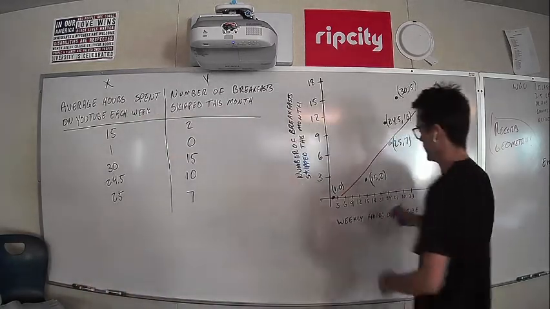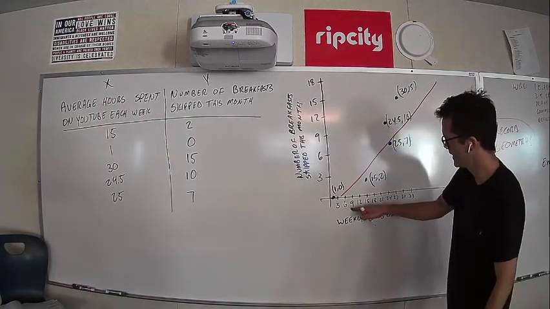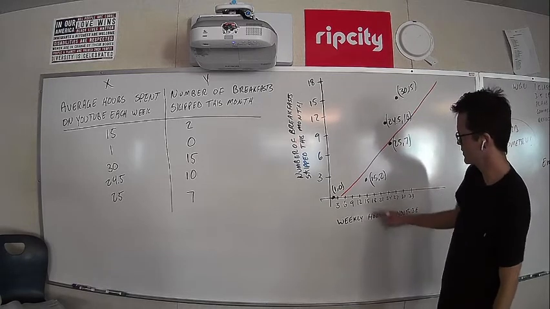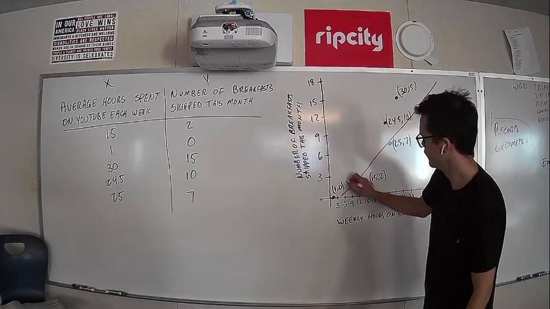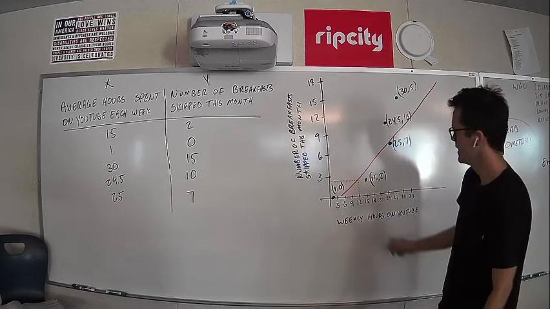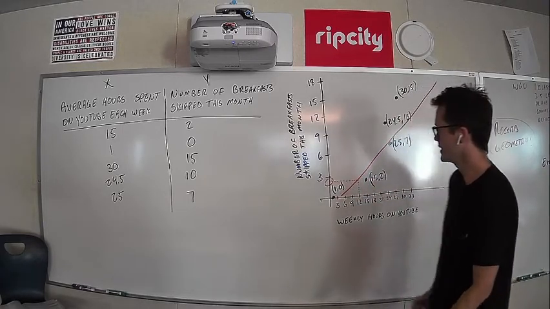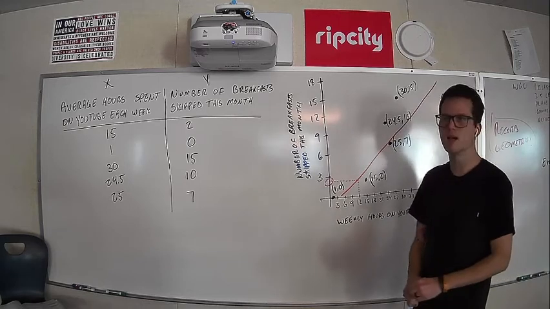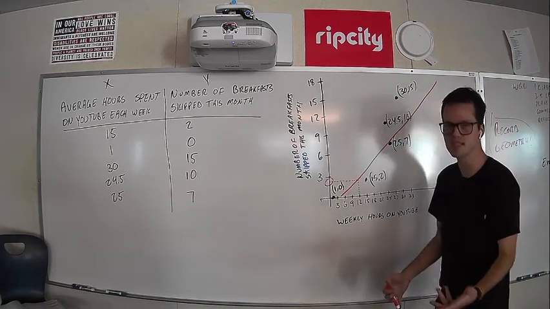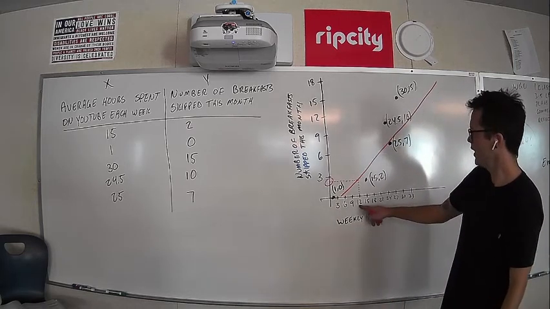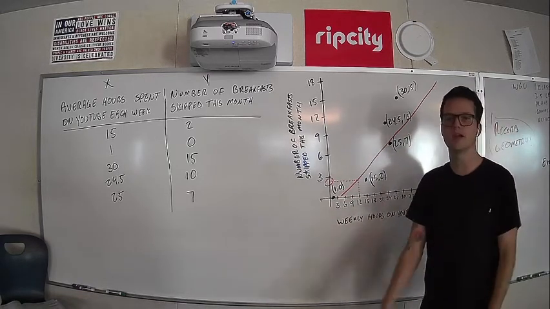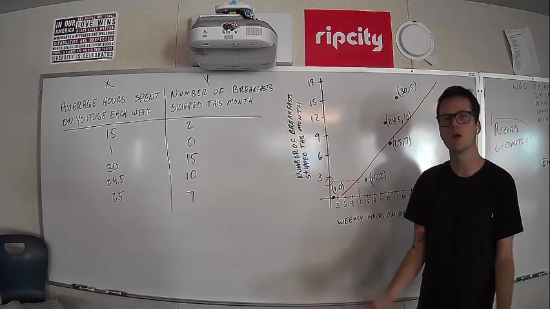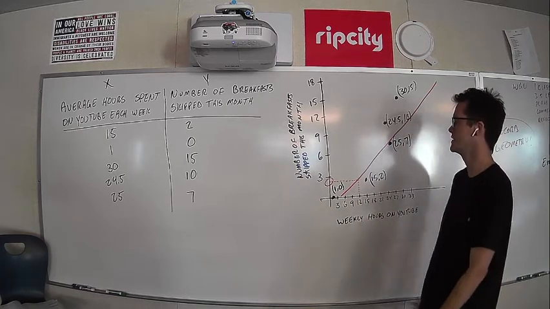So what we could do is go to 12 on the input, that's the weekly hours spent on YouTube, and then go up to our line, and then take that over to the y-axis, and we could make the estimate that if somebody spends 12 hours on YouTube each week, they're going to skip 2.5 breakfasts each month, according to this estimate, according to this data.